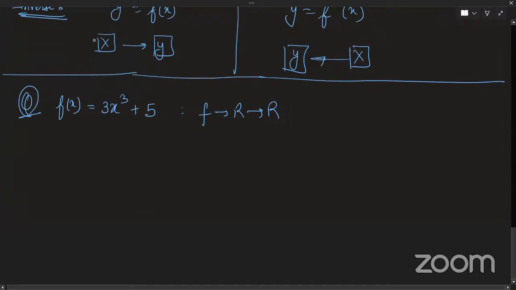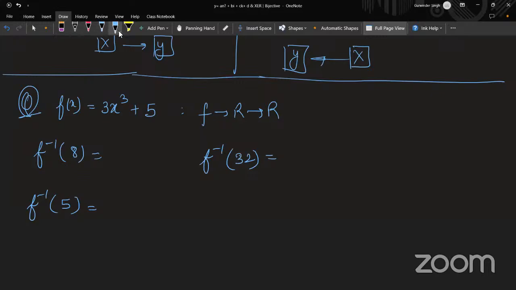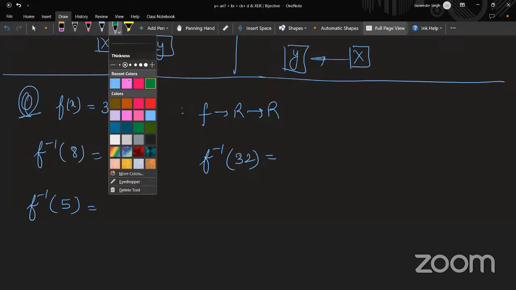So tell me, what will be my f inverse of 8? What will be my f inverse of 5? What will be my f inverse of 32? This is just a basic question to start explaining how inverse works.